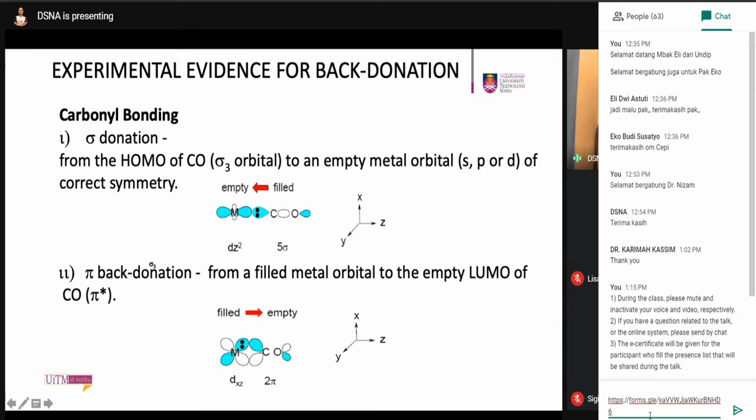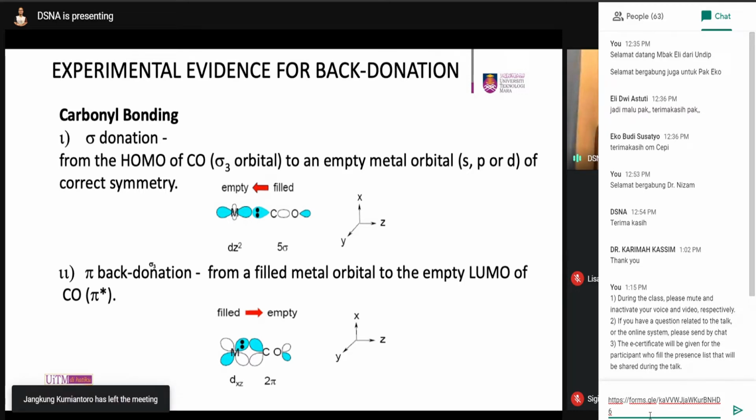For pi back donation, as I said earlier, metal is electropositive by nature. At a certain point, your metal cannot accept too many electrons, because an abundance of electrons will disturb the stability of the complex as a whole. So the metal needs to donate the electrons back to the ligand. That's why we have pi back donation.